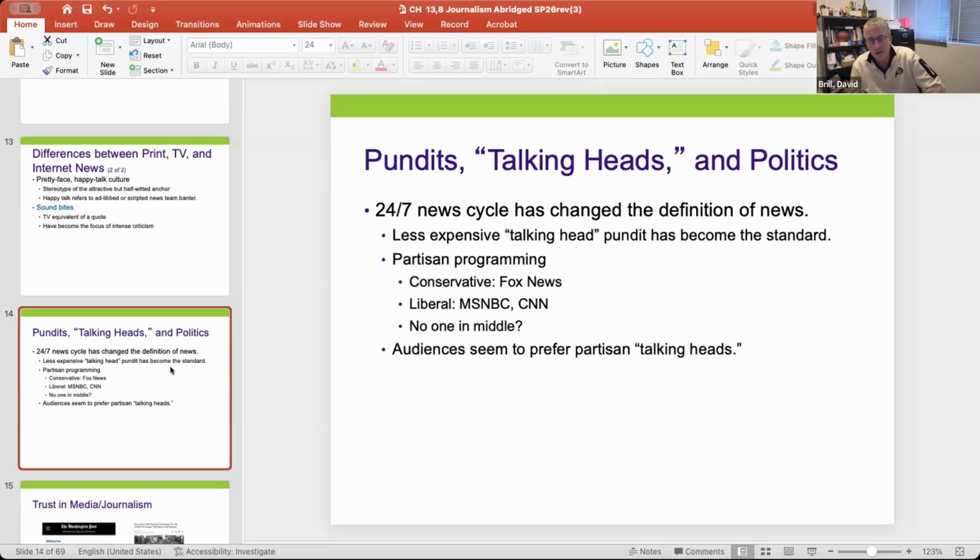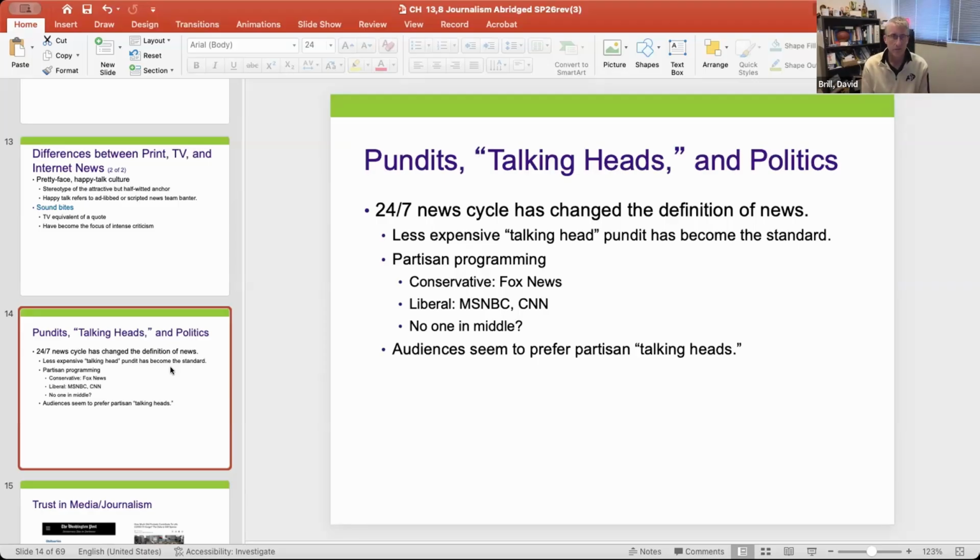CNN and MSNBC, which is now MS Now, very much pander toward a left-leaning, Democrat, liberal audience, where Fox News decided it's going to make its money by pandering to folks on the right or conservatives.